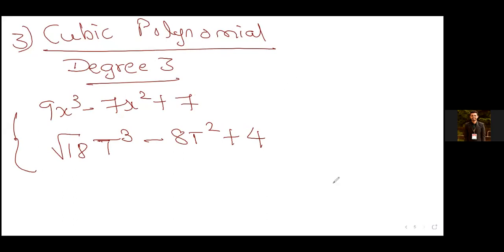And what is its general form? Its general form is ax cube plus bx square plus cx plus d.